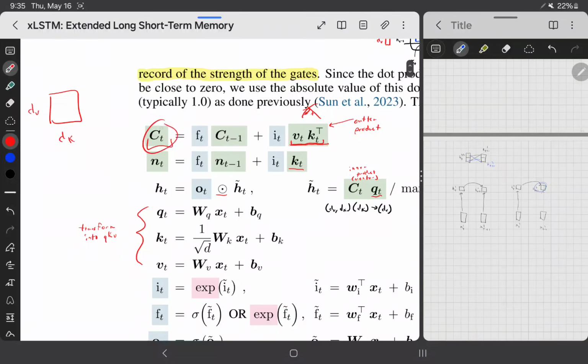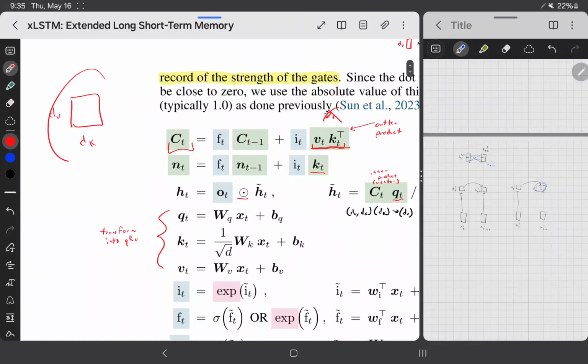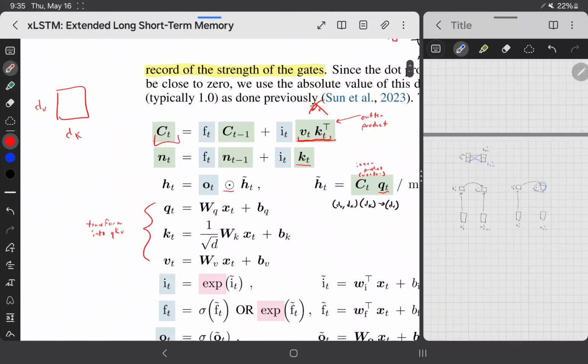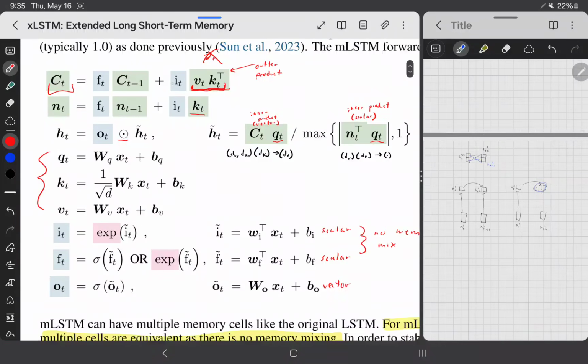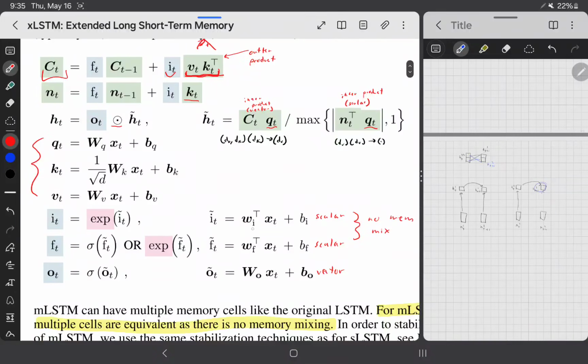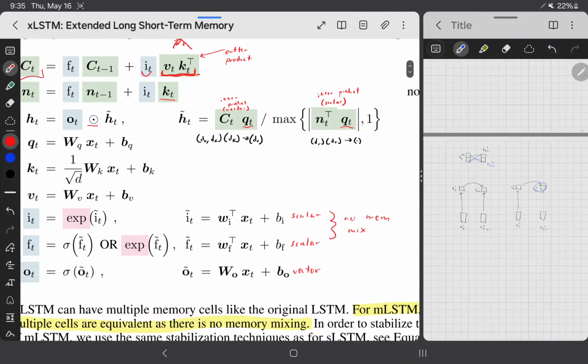So your C matrix, or your C hidden state, is not going to be a scalar hidden state. It's going to be a matrix hidden state, which is of dimension dv by dk, because you're doing this outer product here. The input here is just a scalar for some reason, but it's still a scalar.